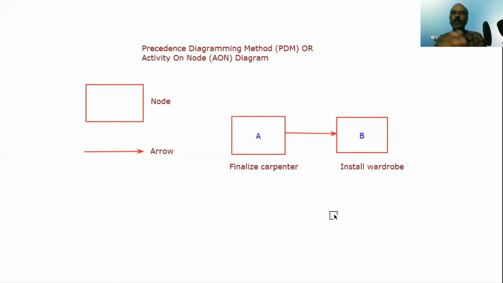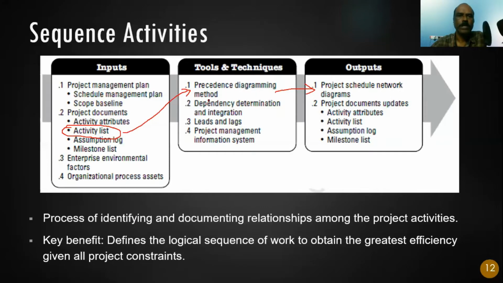The carpenter is important. Without the carpenter, I cannot install the wardrobe. So this is the sequence shown here. A must be completed first, then B should be done. And this is called an activity on node diagram. So that is the precedence diagramming method.